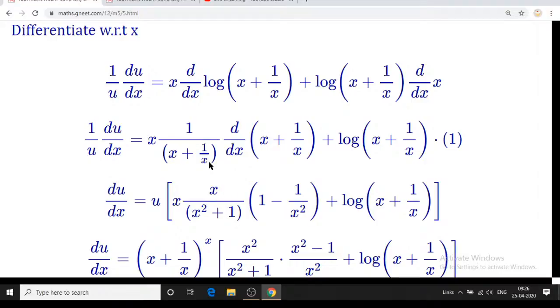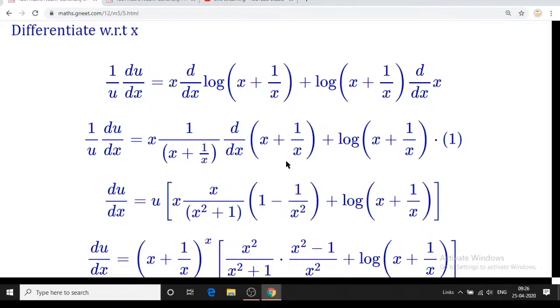Now here we have simplified, we have taken the LCM, and when you take LCM we get x square plus 1 upon x. This x will go up, so we can write x into x upon x square plus 1. The derivative of x with respect to x is 1. We have studied the direct formula: derivative of 1 upon x is minus 1 upon x square.